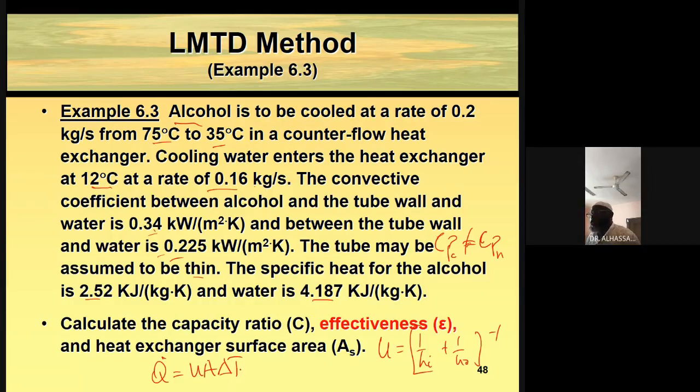So we have to use delta T M, which is given by delta T2 minus delta T1, divided by log of delta T2 divided by delta T1, in this way.